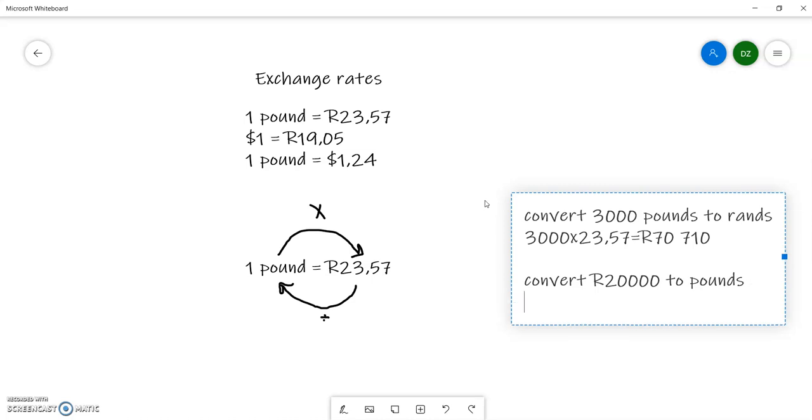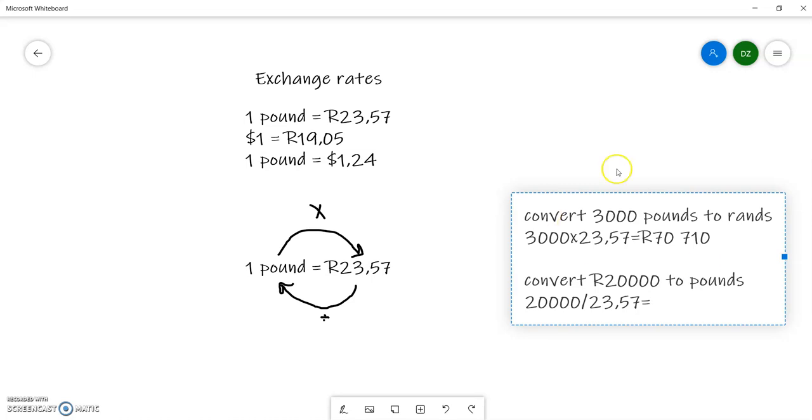So I'm going to take my 20,000 Rand and divide it by the 23 Rand 57. Please note that I've used exactly the same exchange rate here. I haven't gone and divided anything or times anything or converted it. I'm still using the 23 Rand 57.